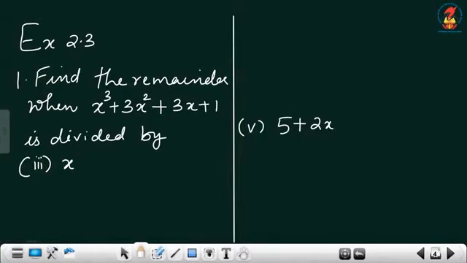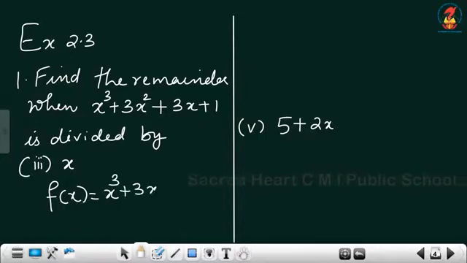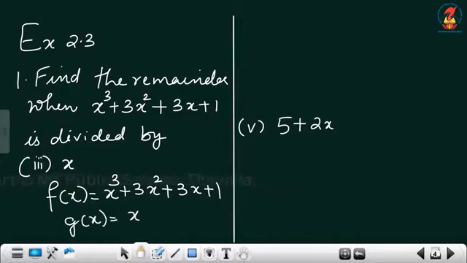Next, exercise 2.3, first question. Find the remainder when x cube plus 3x square plus 3x plus 1 is divided by x. Let us suppose f of x is equal to x cube plus 3x square plus 3x plus 1. The linear polynomial given is x, which we can write as g of x equals x minus 0.